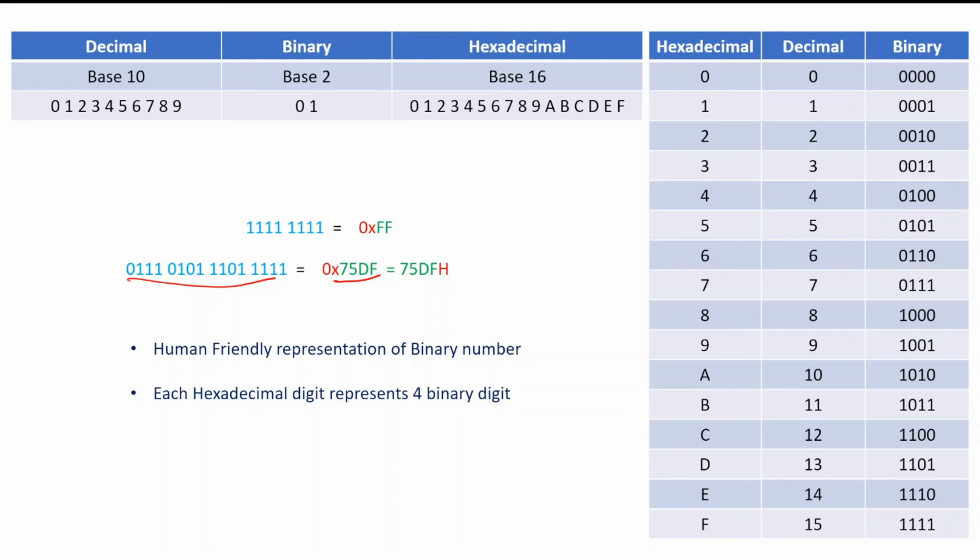When we write a binary number in a book or paper, it is easier to write it as a hexadecimal number than as a binary number. That is the primary use of the hexadecimal number system. That is, it's just a human-friendly representation of a binary number. Usually, hexadecimal numbers start with 0x to indicate it's a hexadecimal number. Sometimes the hexadecimal number ends with H as well.